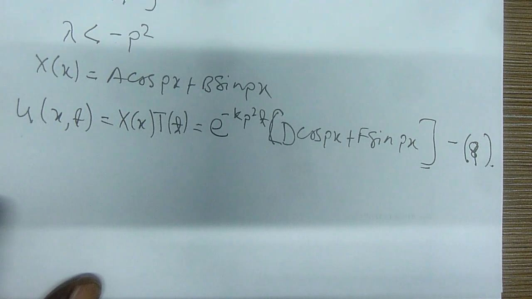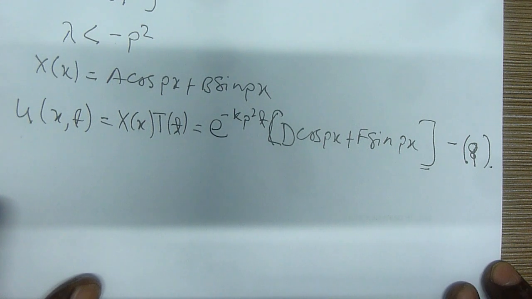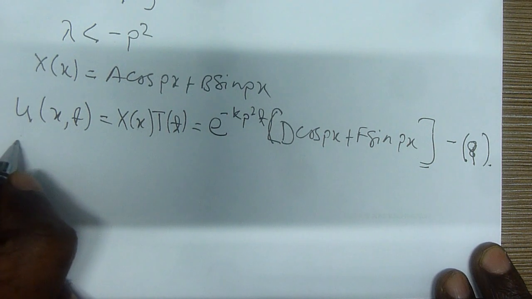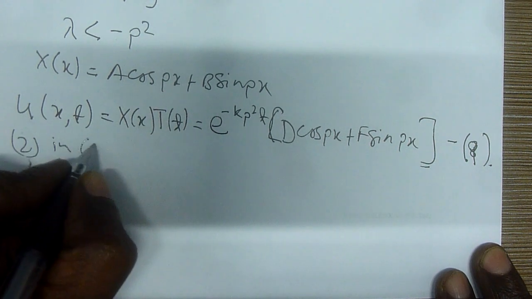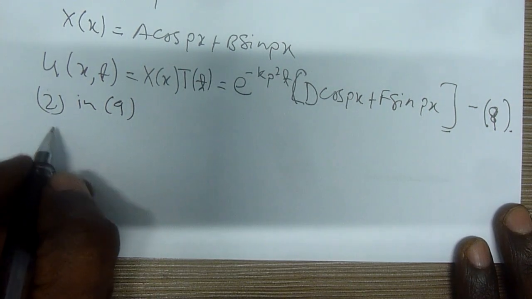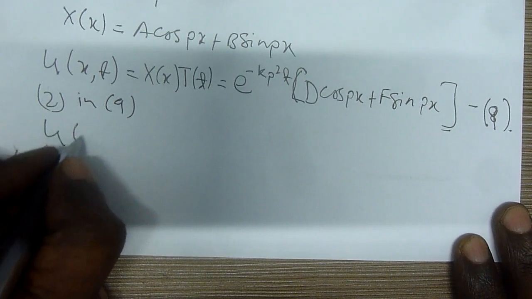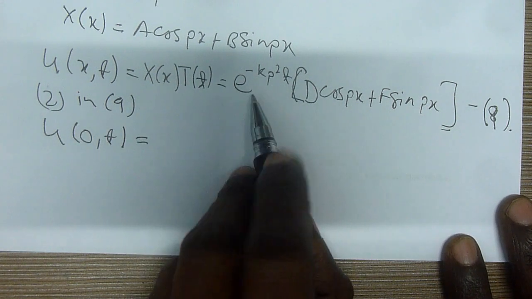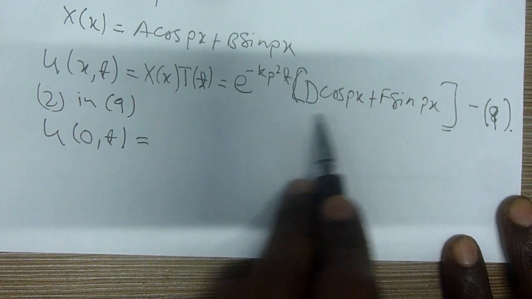Now, shall we work on the logic of this? If I place 2 in number 9, the first one is u(0,t). What do I get? I get sin 0.